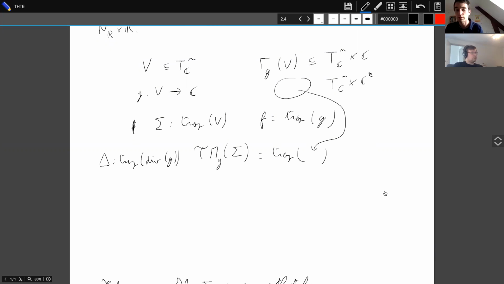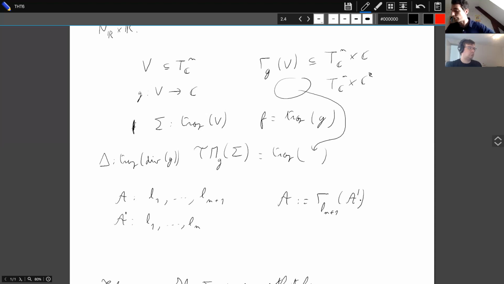In general, I think this is not very well defined, etc. But it works particularly well when we work with the complement of a hyperplane arrangement. So if you have a hyperplane arrangement A defined by L1, etc., Ln plus 1, you also have the hyperplane arrangement A prime defined by L1, etc., Ln. And so A will just be the graph by Ln plus 1 of A prime.